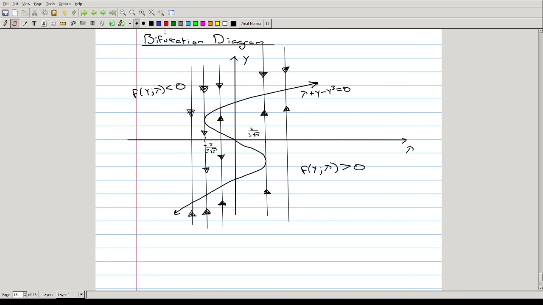So by the convention that we introduced before, that means that the middle section of our curve is completely unstable.